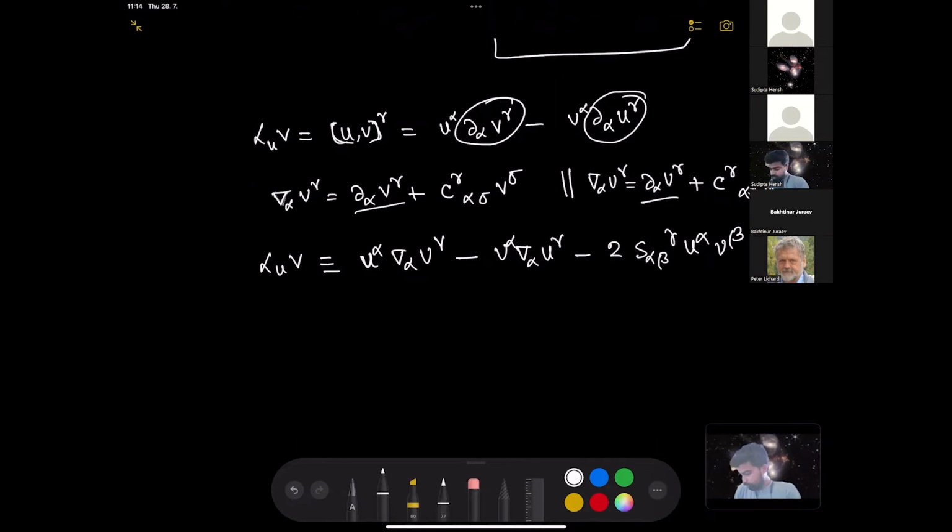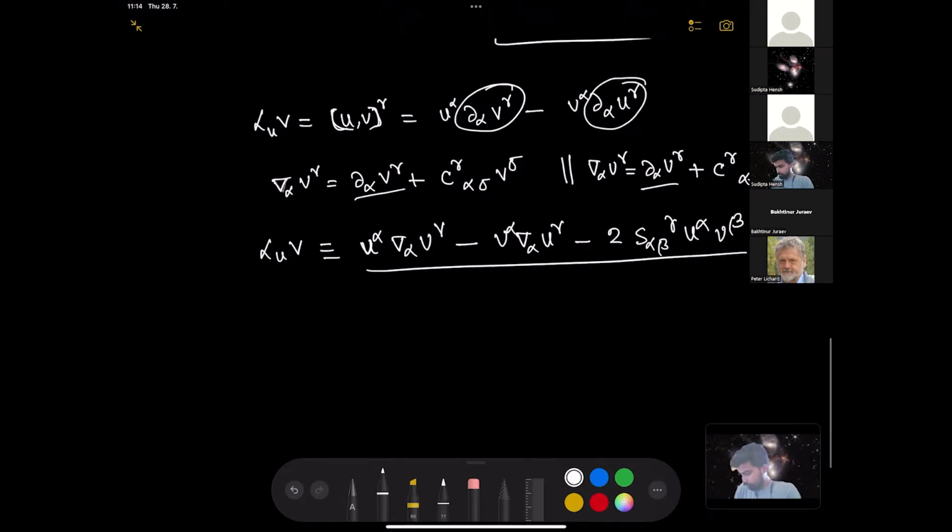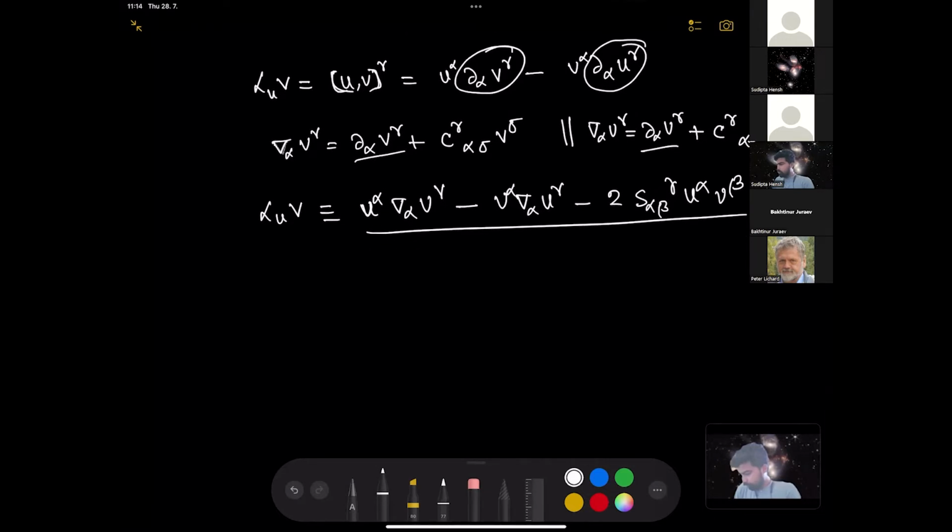So we see that this expression for the Lie derivative of vector v along u can be written like this. And here we know that this S is a torsion tensor, so it is not the same if there is no torsion.